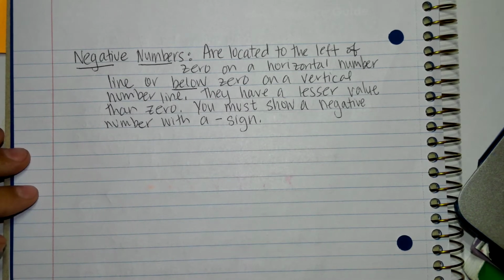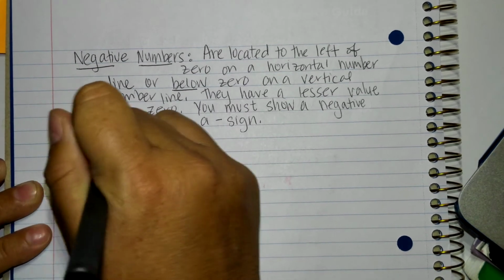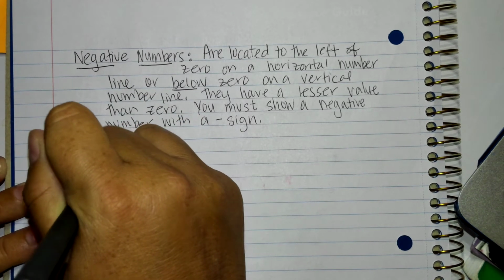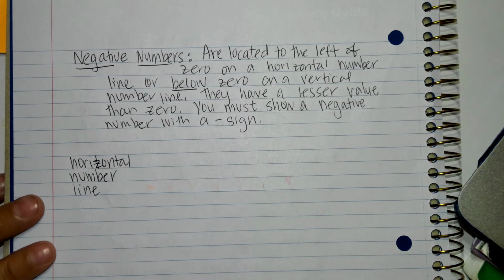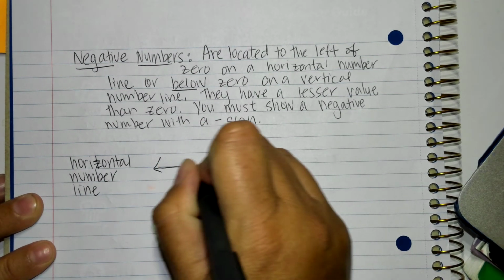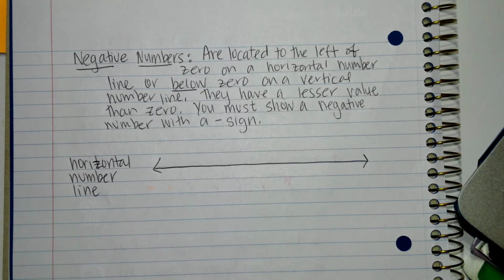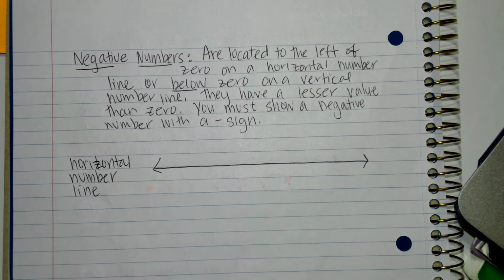All right. An example of a horizontal number line means that it goes from left to right, like the horizon. And not all number lines have to have a 0 in it. You can start a number line with any number.